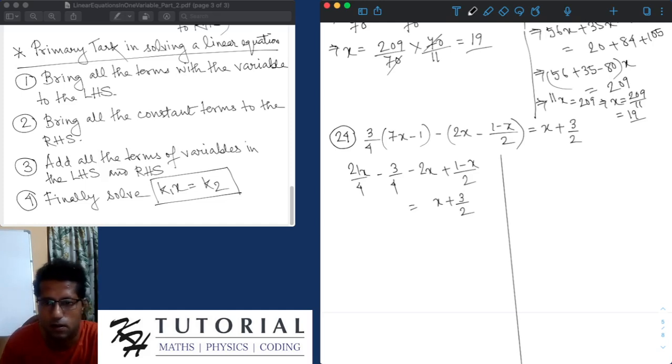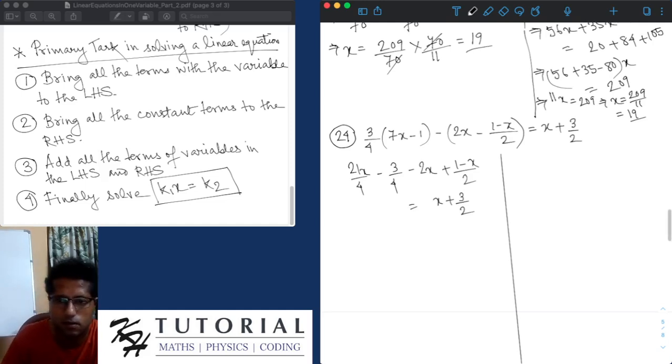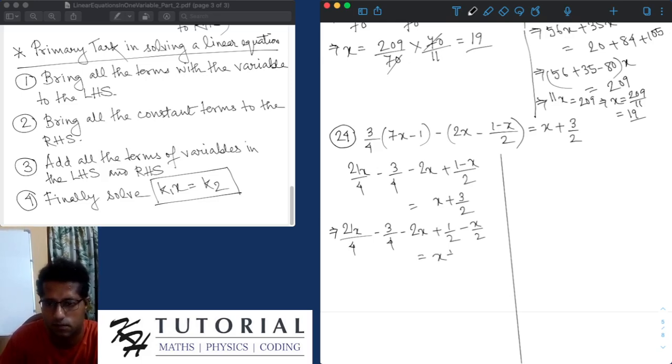Now this implies 21x by 4 minus 3 by 4, this is minus 2x, and minus 1 minus x by 2, I know it is half, and minus x by 2, and on the right hand side we have x plus 3 by 2.